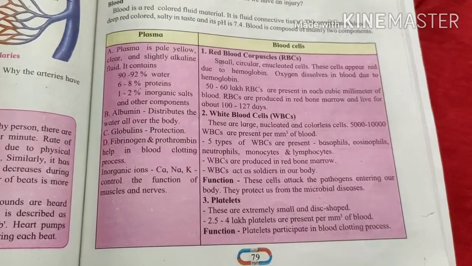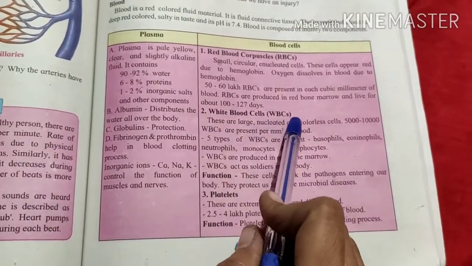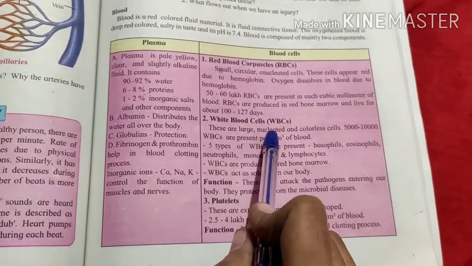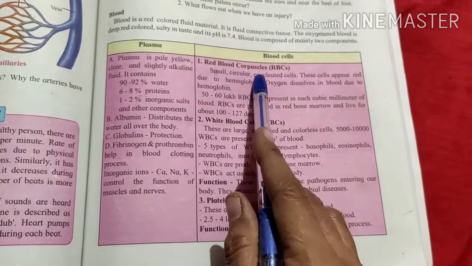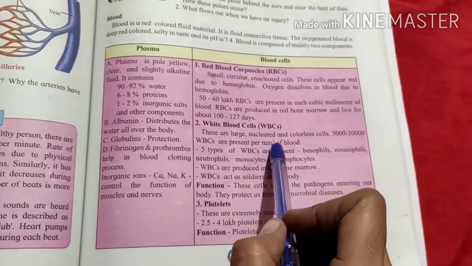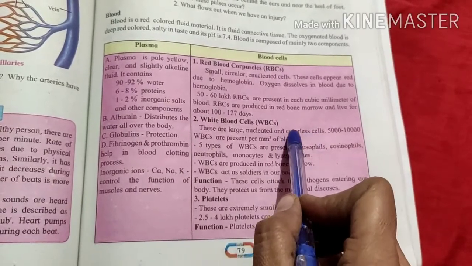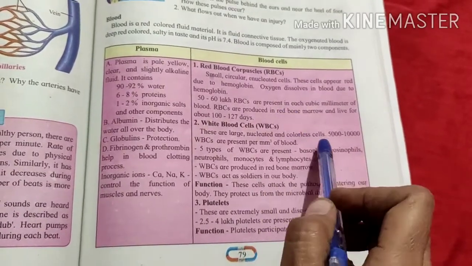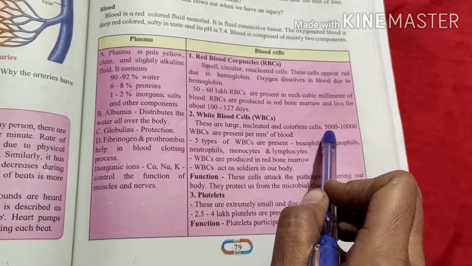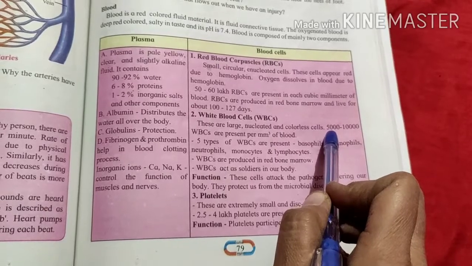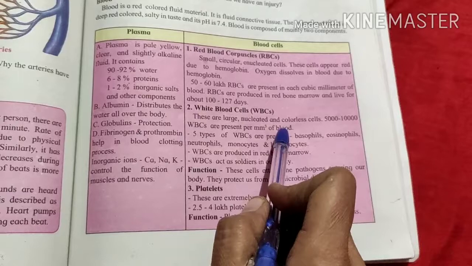Now the second is white blood cells. These WBCs are large and nucleated, meaning in WBCs a nucleus is present while in RBCs the nucleus is absent, and they are colorless cells. 5,000 to 10,000 WBCs are present per cubic millimeter of blood.